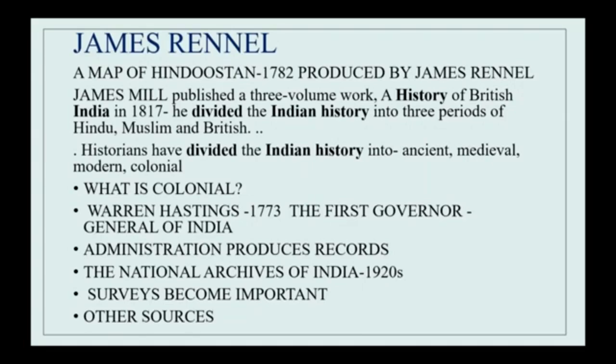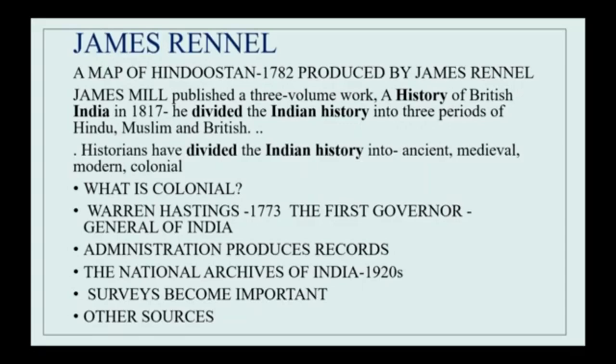Let me ask you a question. Who was James Mill? James Mill was a Scottish economist and political philosopher, right? And James Mill published a 3-volume work. What was his work? A History of British India. In which year did he publish? 1817. And James Mill divided Indian history into how many periods? 3 periods.